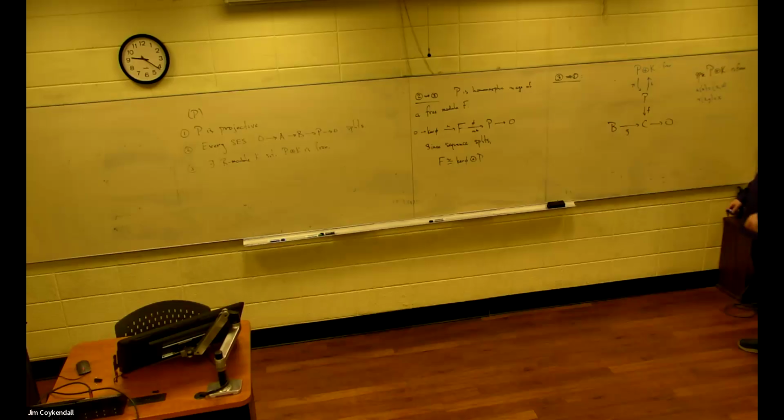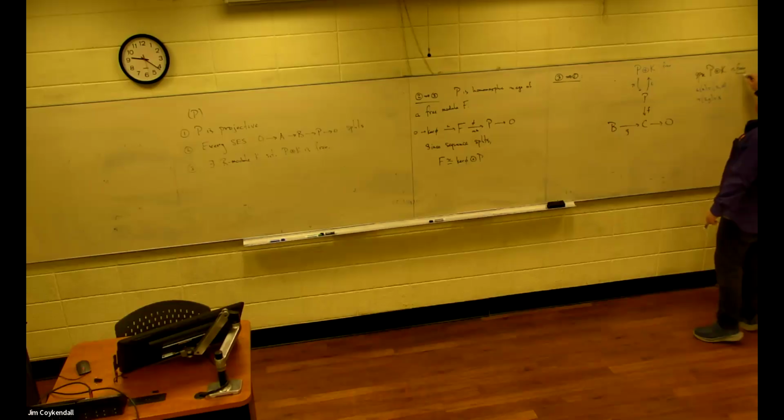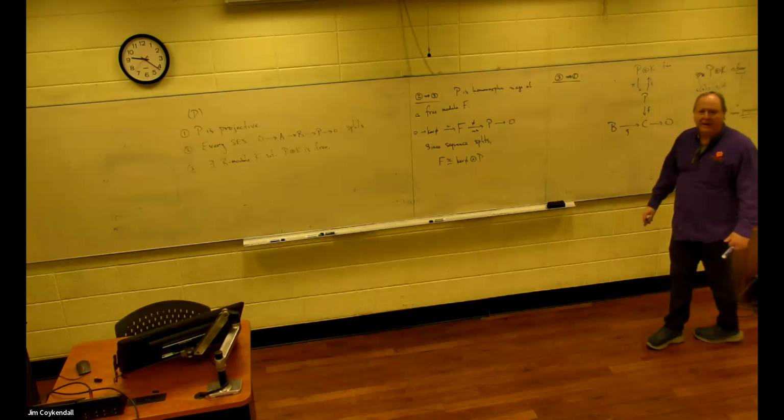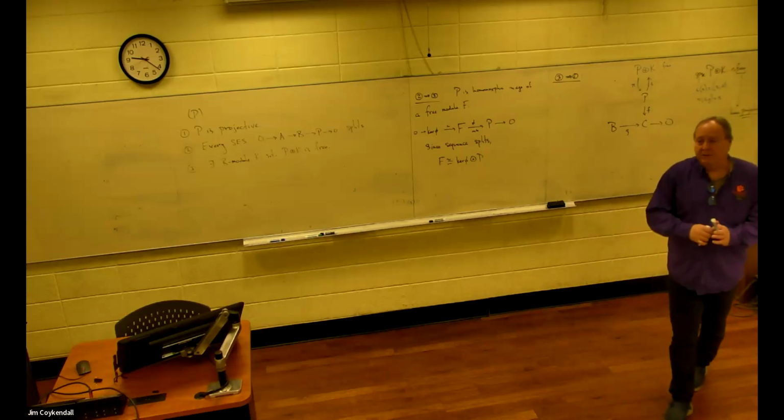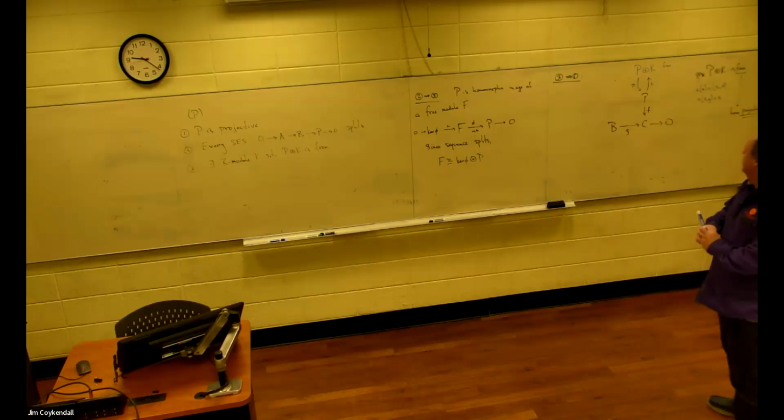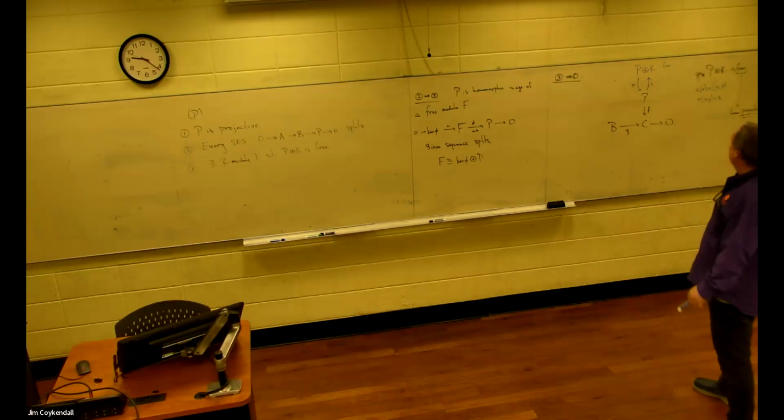Now, let me point out that P plus K is free, hence projective. We actually proved, I think, last time that any free module is projective. Y'all remember that? Is it P plus K that's free? That is correct. She's right.